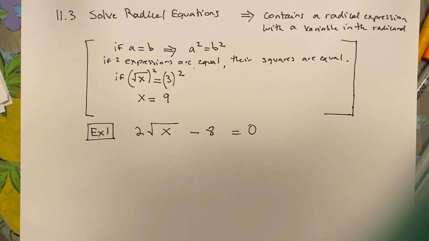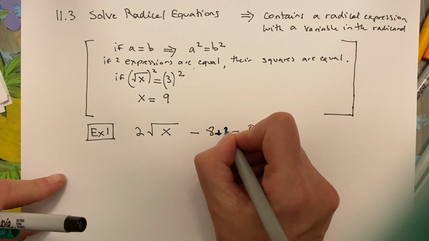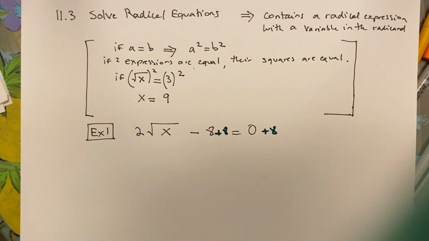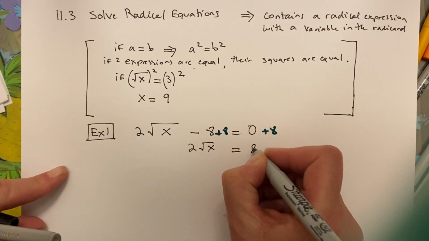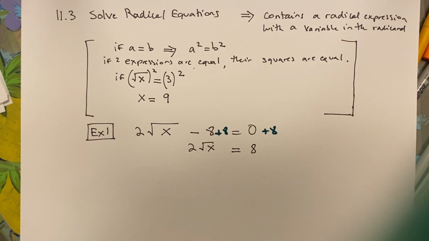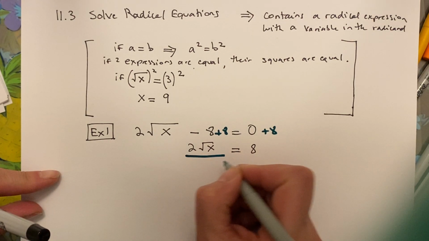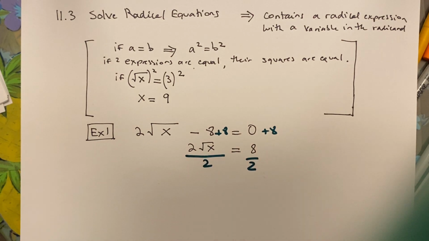And so I need to add 8 to both sides. And I end up with 2 square root of x equals 8. Well, I am still not quite there because I still have something crowding the x. It's inside the square root, but I still have 2 crowding the x. So my next step is to get rid of the 2 by dividing both sides by 2.